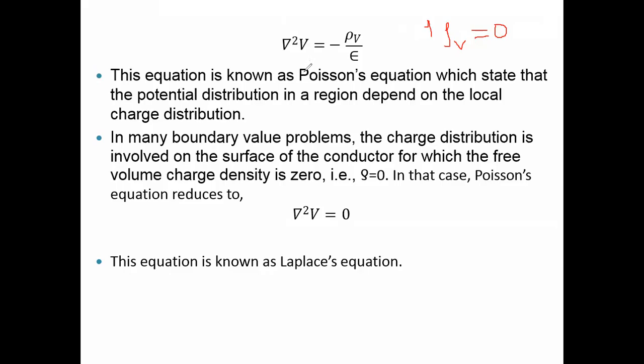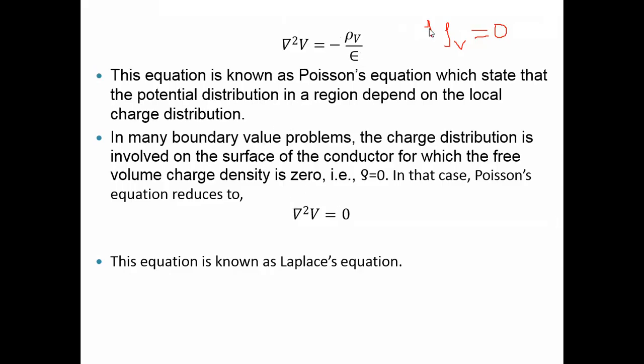So Poisson's equation for a charge-free region. Listen very carefully to this word. For a charge-free region, this side becomes zero because charge-free means there is no charge. So no charge means rho v goes to zero. So that equation is called the Laplace equation.